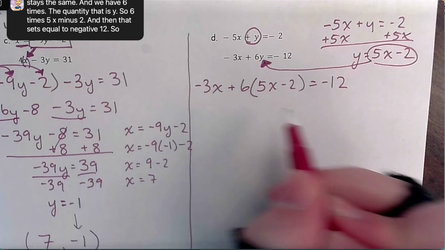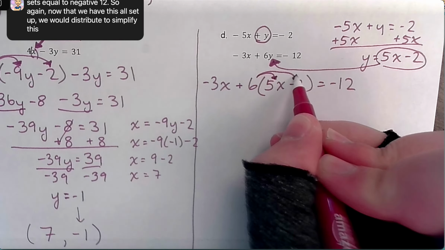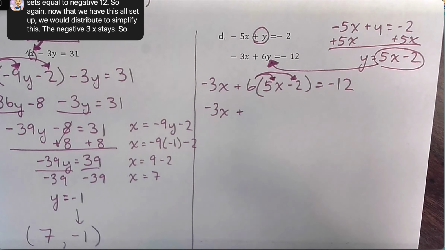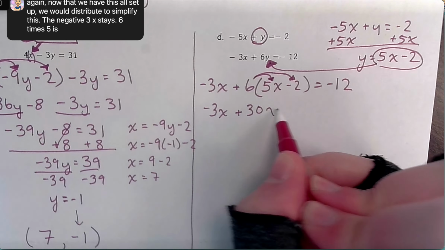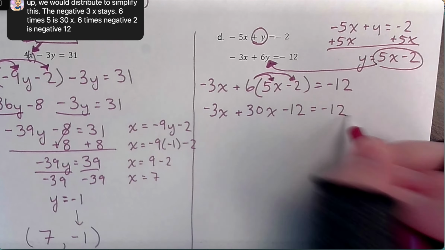So again, now that we have this all set up, we would distribute to simplify this. The negative 3x stays. 6 times 5 is 30x. 6 times negative 2 is negative 12, equals negative 12.